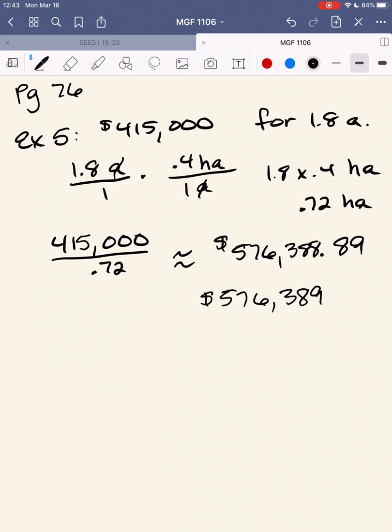Volume is the space inside of an object. On page 77 you have a bunch of charts for the metric system and for English units. The volume is the amount of space that's occupied, but the capacity is the amount of fluid it can actually hold.